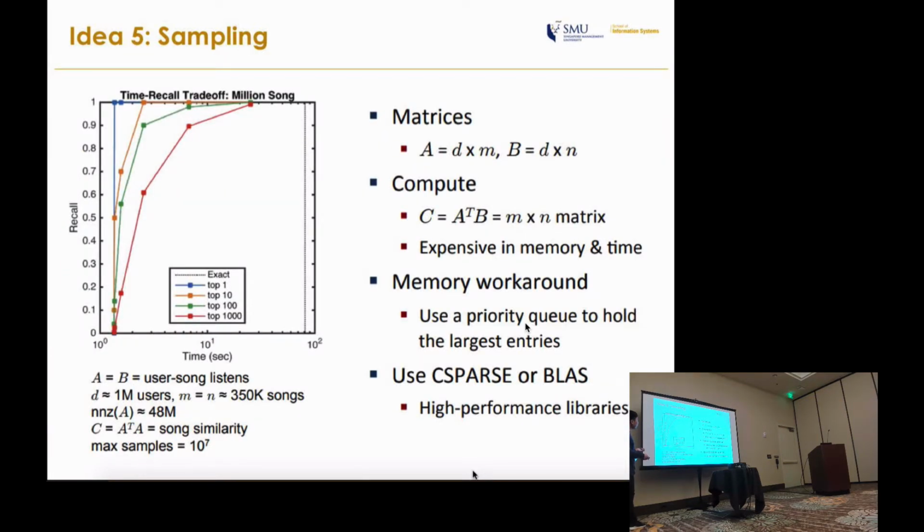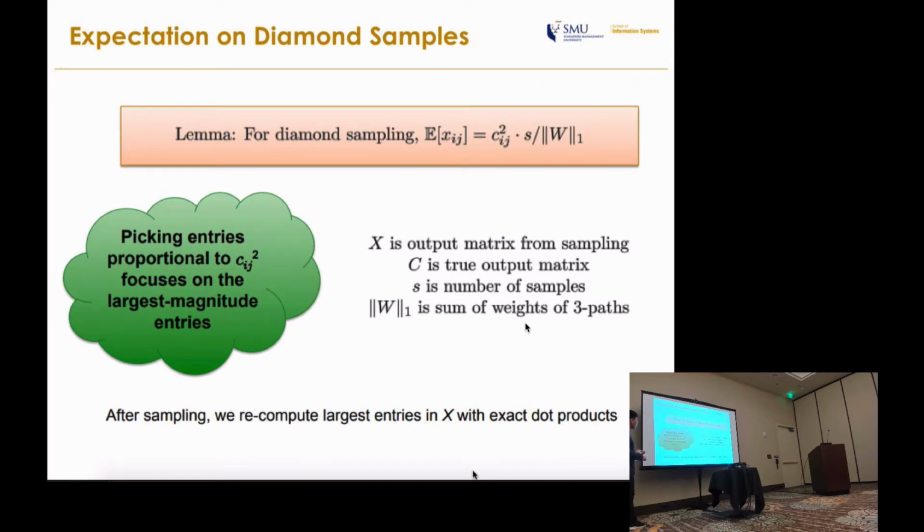So the idea is that after sampling, you receive a sampling matrix x, and then you only investigate the largest entries of this sampling matrix x for the exact dot product computation.